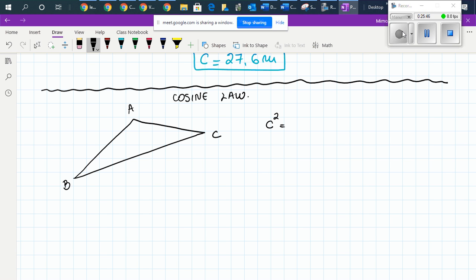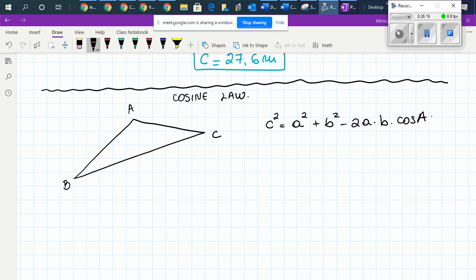So C squared is equal to A squared plus B squared minus 2 times A times B times cosine A. And in the formula sheet, I think that you have even the formula for cosine. The formula sheet is posted on D2L. If you can just print it and have it for your own reference, that will be amazing.